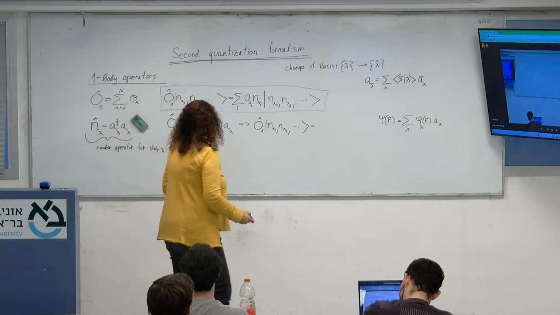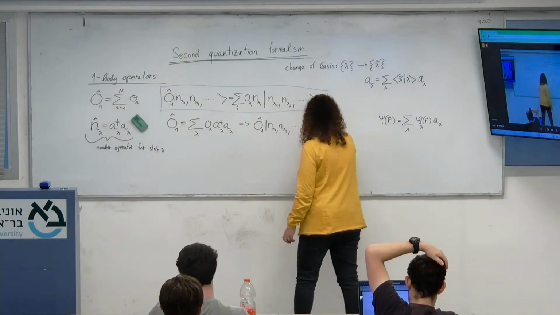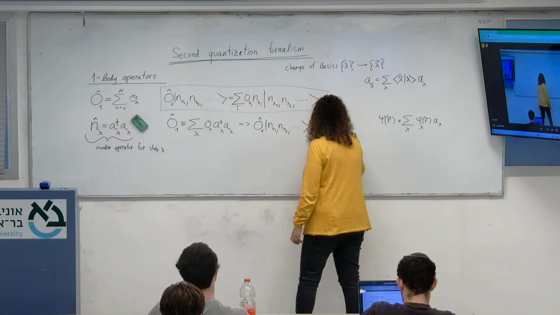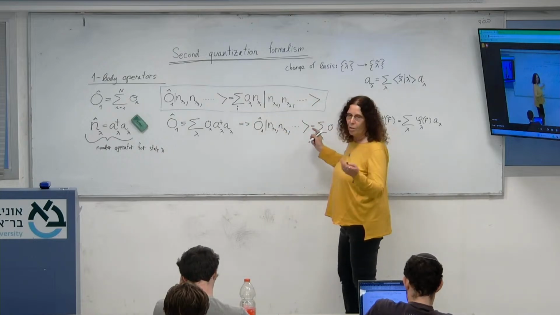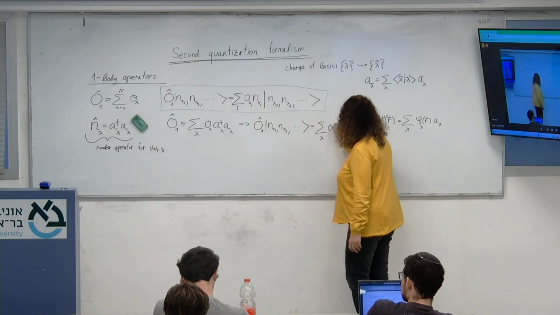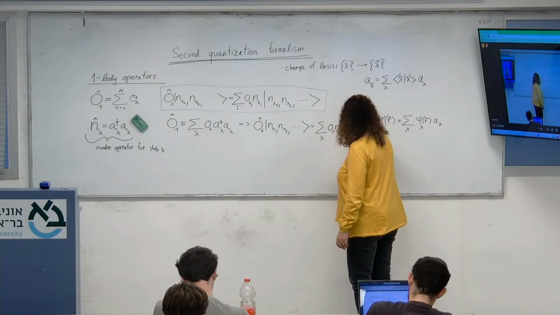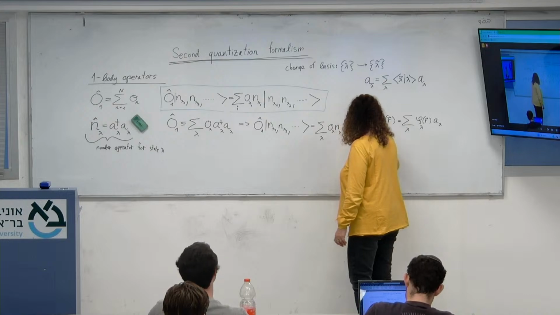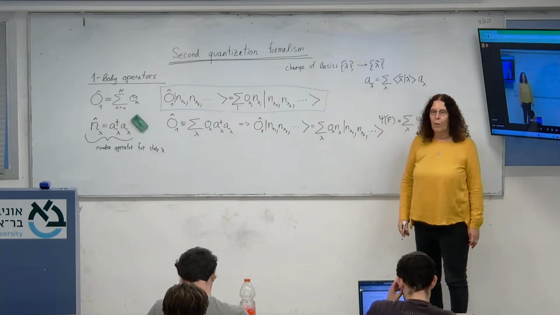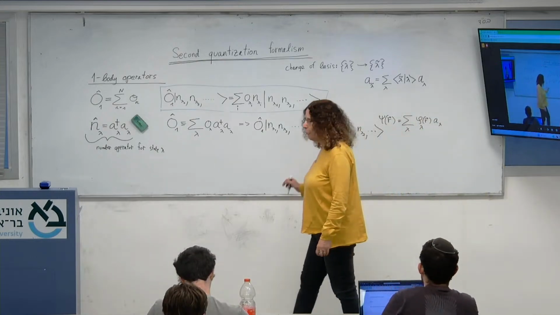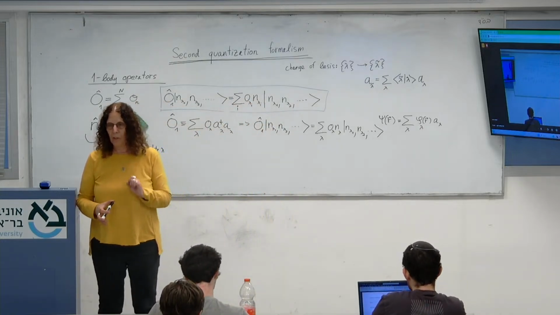Here the index i is just a dummy index. I can just call it lambda. The basis states of Fock space have a well-defined number of particles in each state.